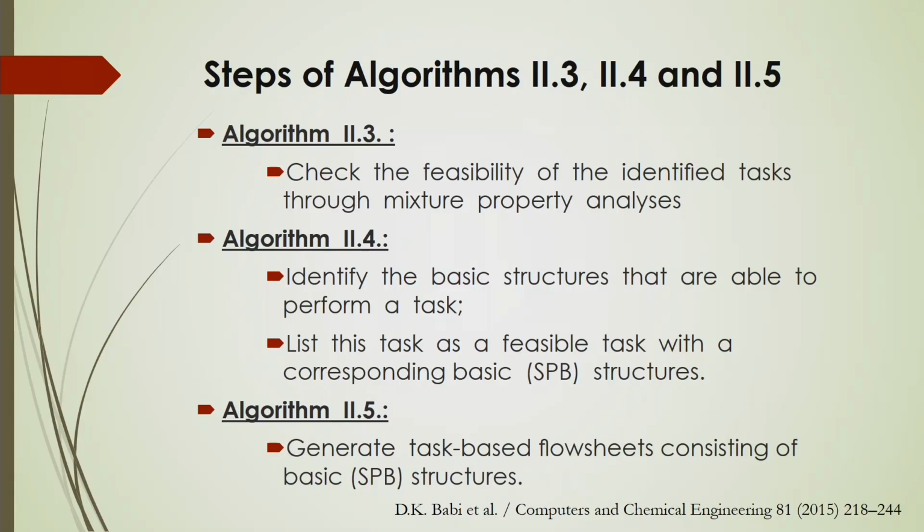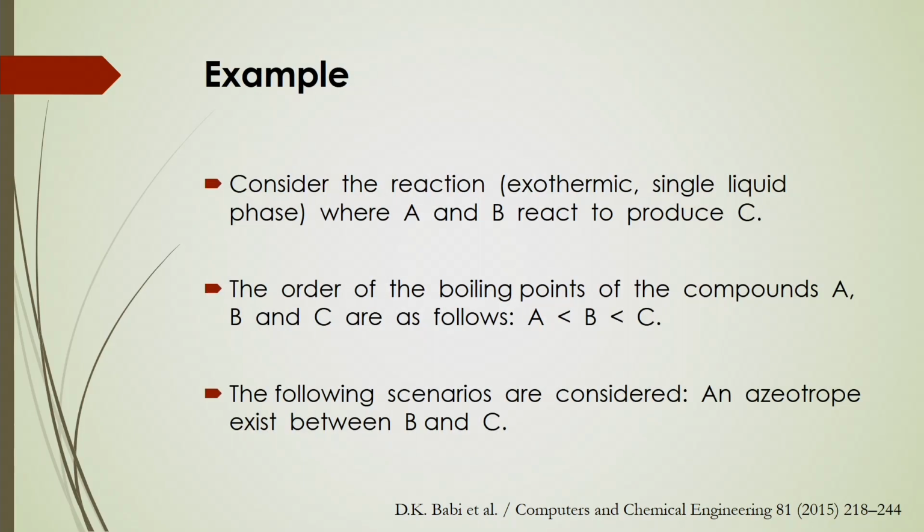And in algorithm 2.5, after that you have to generate the task based flowsheets that will consist of the basic structures there. Now let us have an example for these algorithms.